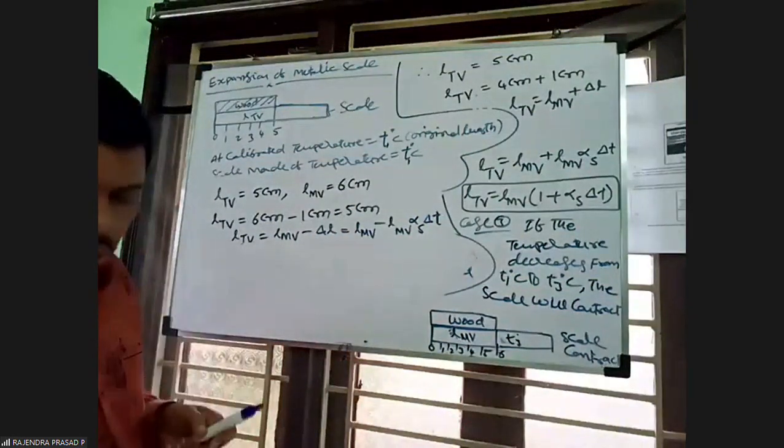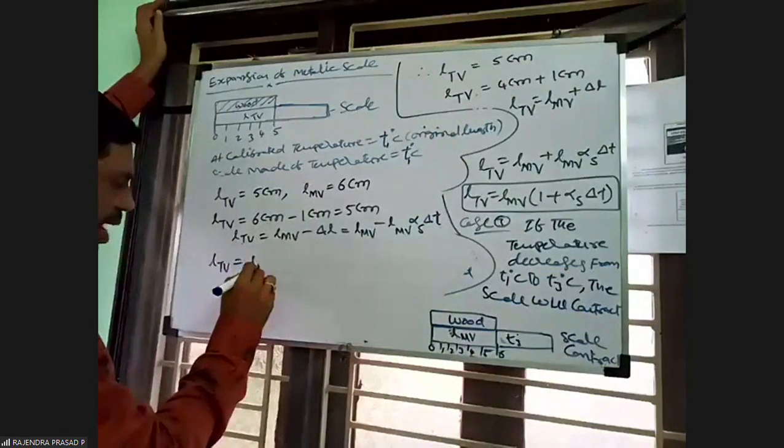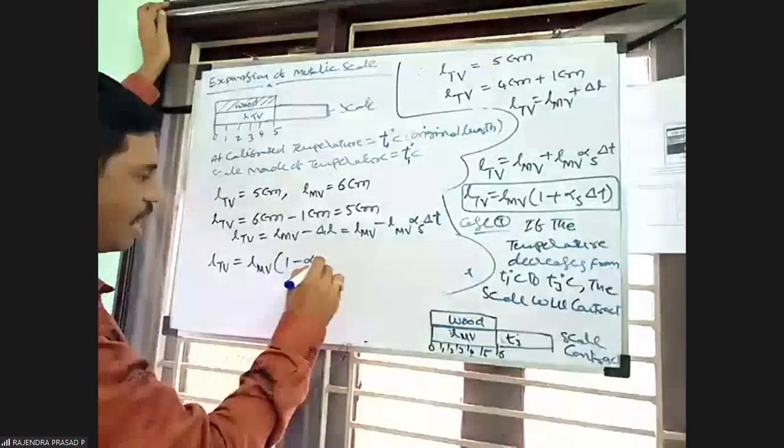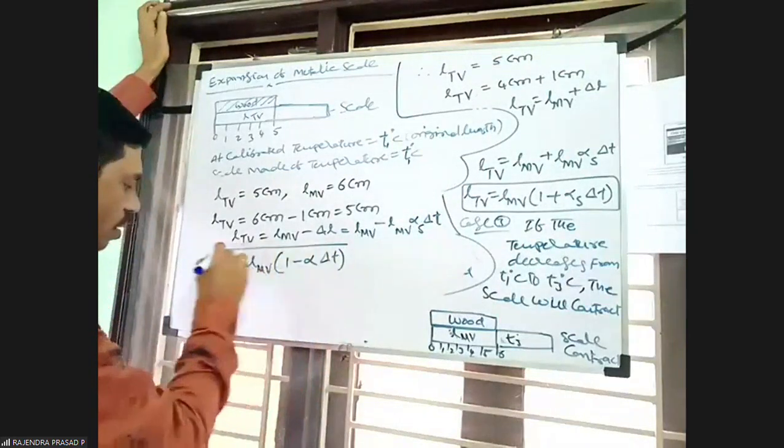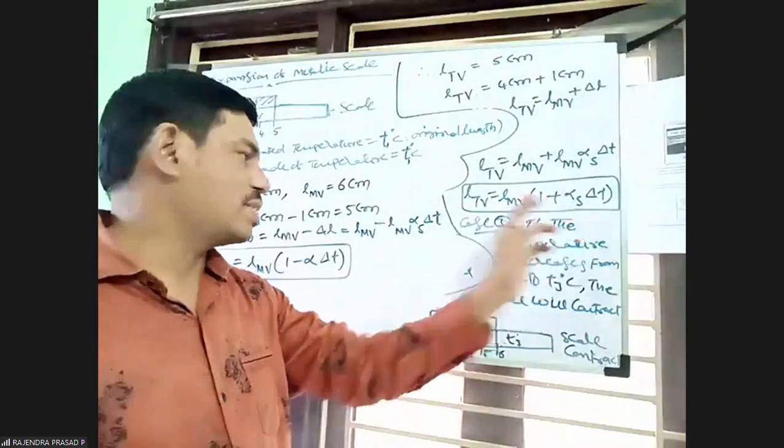So L true value equals L measured value common, 1 minus alpha delta T. So this is the plus, this is the minus.